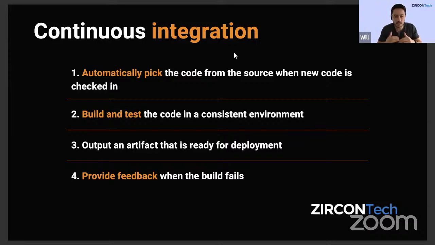The result in step 3 will be this artifact that is ready to be deployed. And something very important is that we should have effective ways to provide feedback when these constraints are not met, right? So maybe using logs or notifications, but the developer should be able to see the reason and quickly iterate on a new version with fixes.